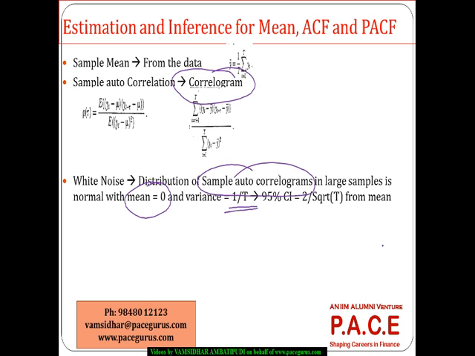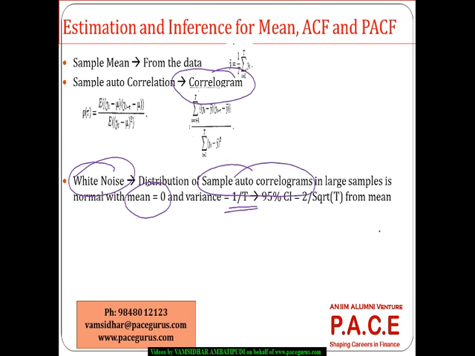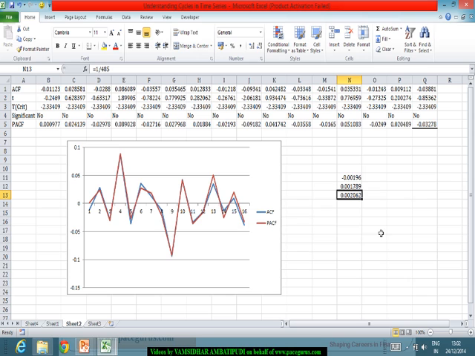So that is when I call it white noise. If I try finding out the sample autocorrelations or correlogram for a data, and I find that the mean is coming very close to 0 and the variance is coming very close to 1 by T, which can help me in doing the 95% prediction interval quite comfortably, which means all my sample correlograms should be, at the 95% confidence interval, within 2 multiplied by 1 by square root of 485.